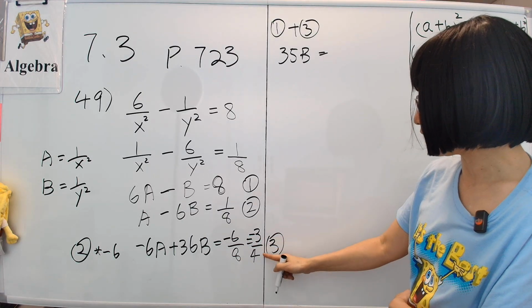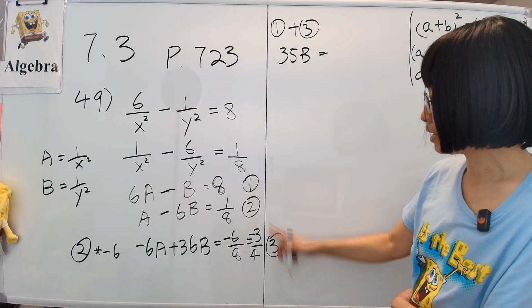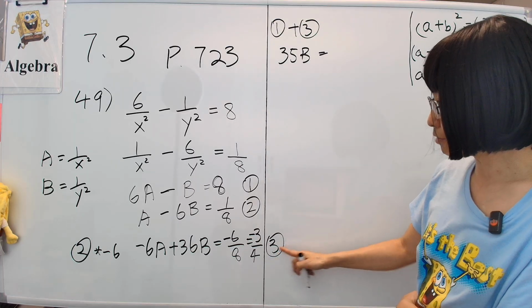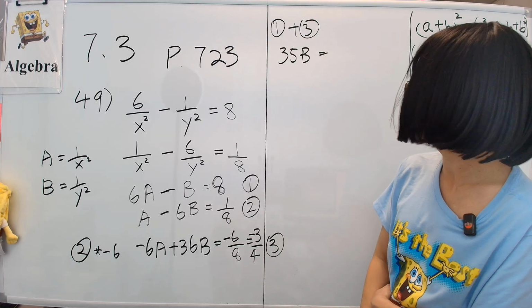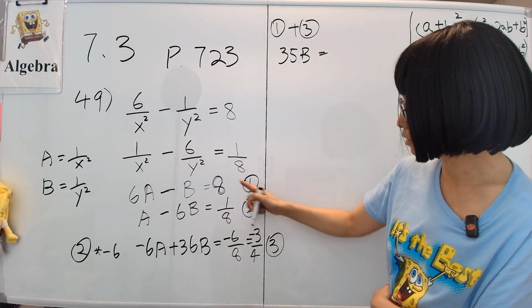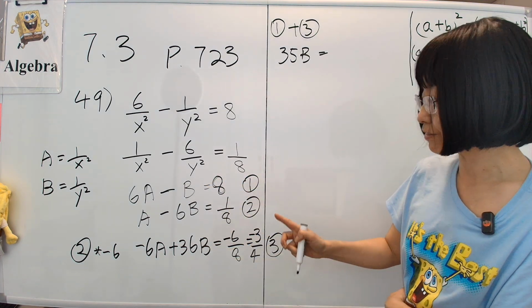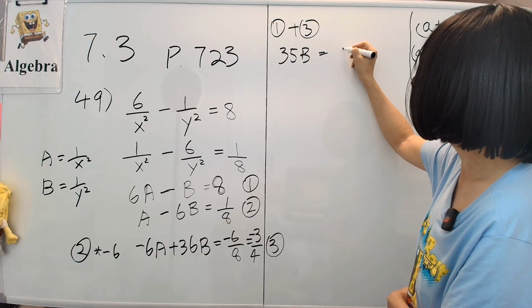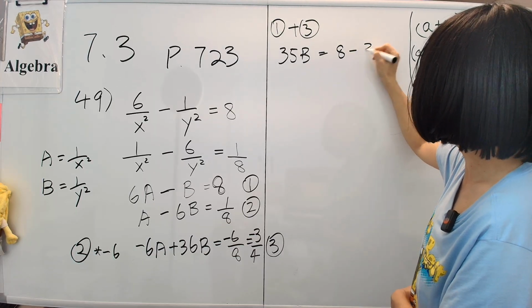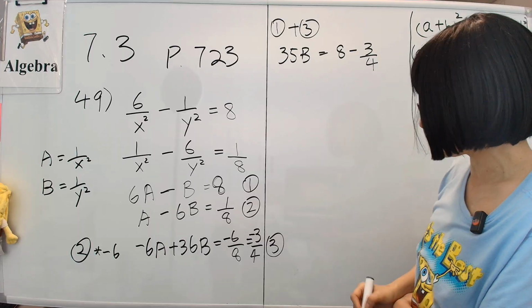So this is negative, which means now we're going to do equation 1 plus equation 3, which gives us 35b, what? No, 1 and 3. All right, so it's 35b, and then it becomes 8 minus 3/4. So this is 8 minus 3/4, and that'd be like 7 1/4 or something.